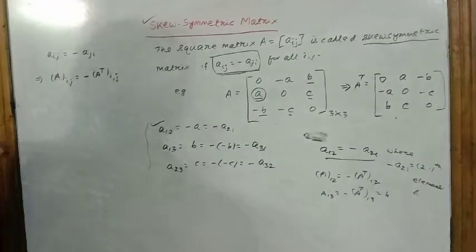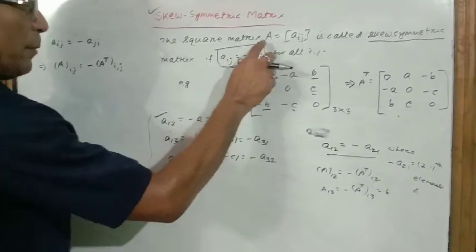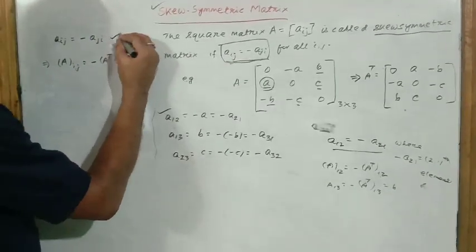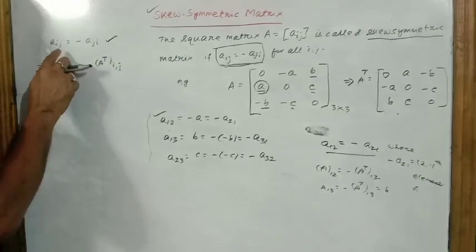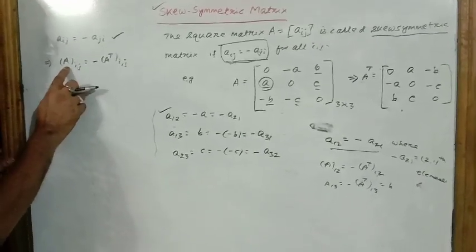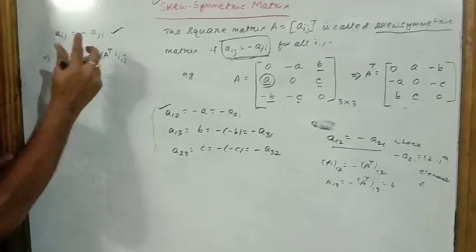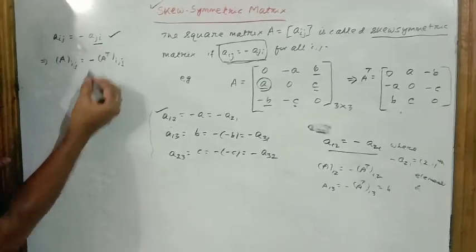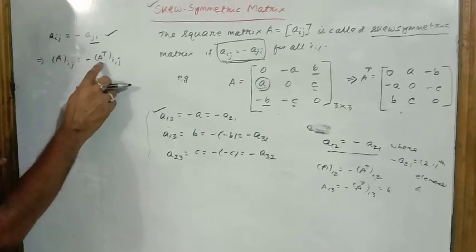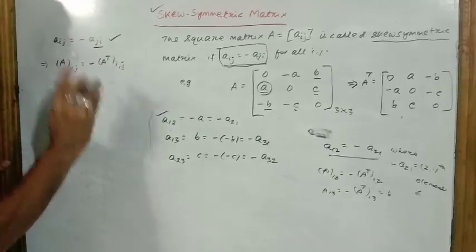Now here you see that we know any square matrix A is said to be a skew symmetric matrix if Aij is equal to minus Aji. What is Aij? Aij is the ijth element of the matrix A. And we know that Aji element is always the ijth element of A transpose, always.